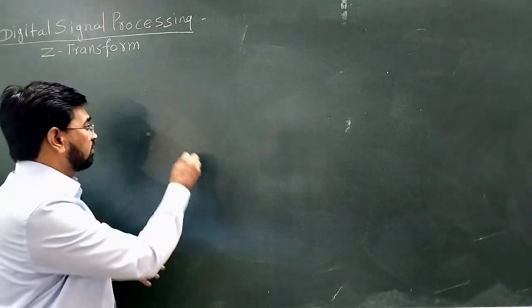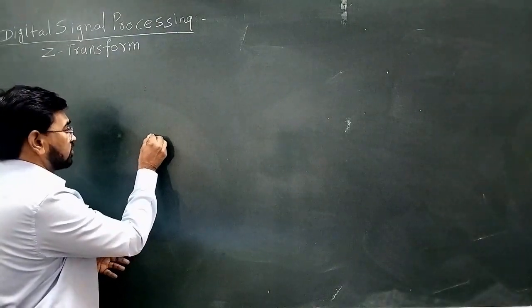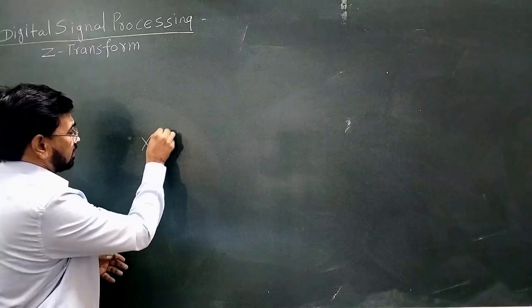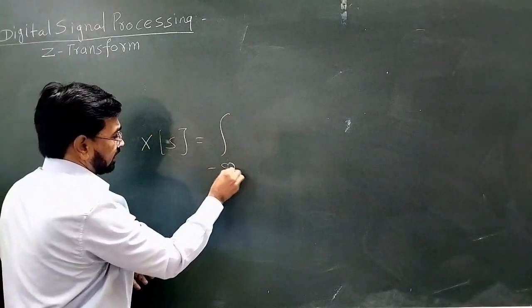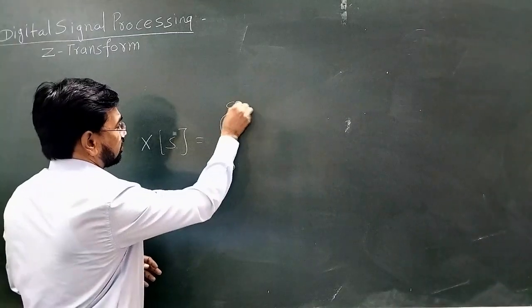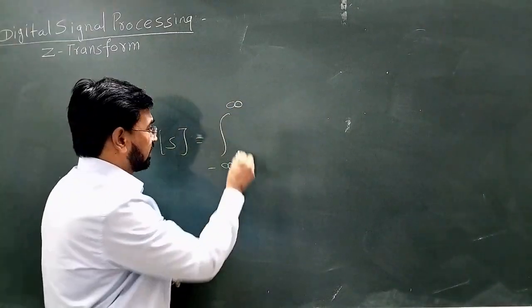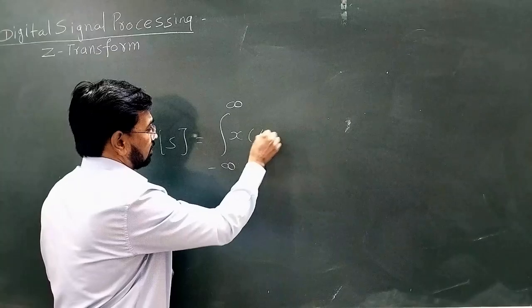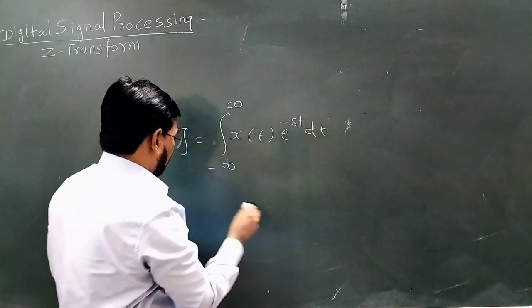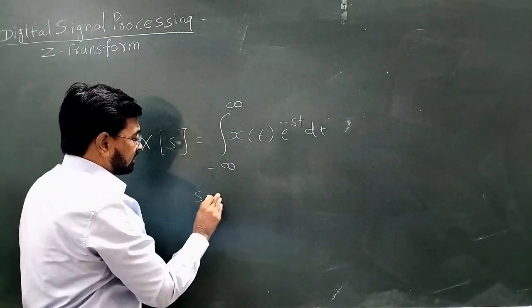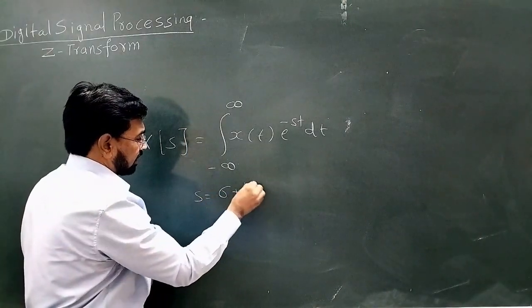The Laplace transform equation is the integration from minus infinity to plus infinity of x of t e raised to minus st dt, where s is sigma plus j omega.